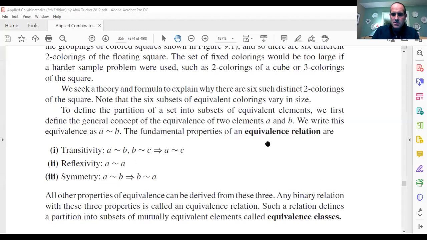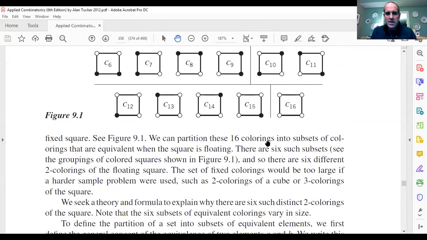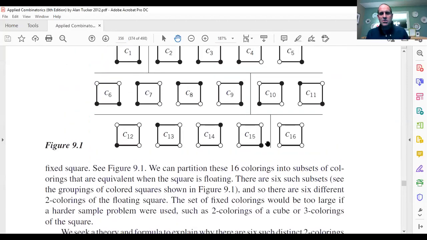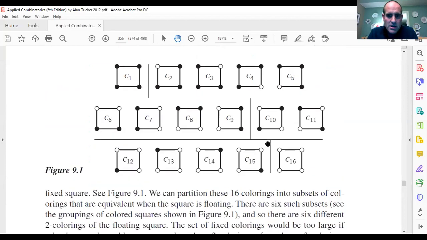Always an exciting time. So let's recall where we've been and look a little bit at where we're going to be going next. Remember, we were looking at two colorings of the square.